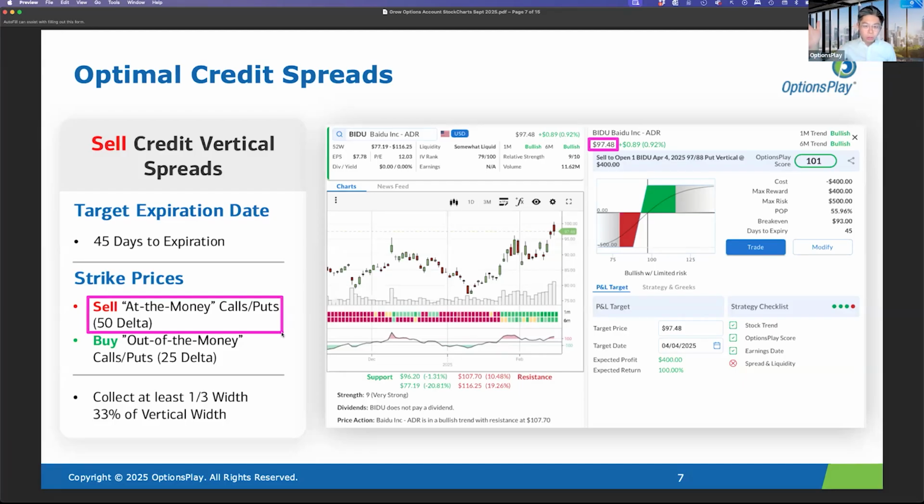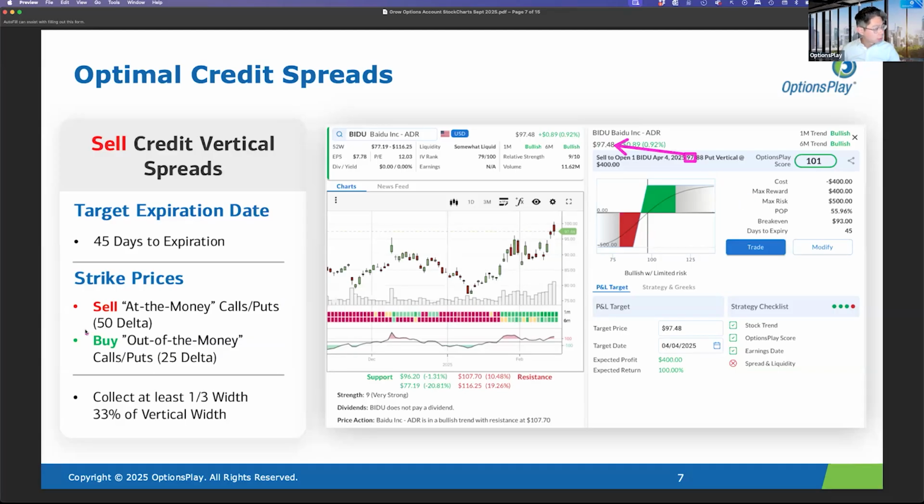When you're buying, calls are bullish, puts are bearish. But when you're selling, the opposite: puts are bullish, calls are bearish, okay? So whenever we're looking at a bullish credit spread, we're looking at the bull put spread. So we want to sell an at-the-money put when we have a bullish view on a specific stock. In this particular case, we're going to sell the $97 put option because the stock is trading at around $97.50.